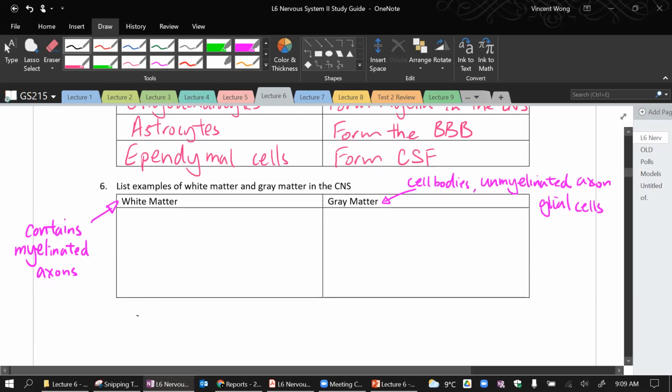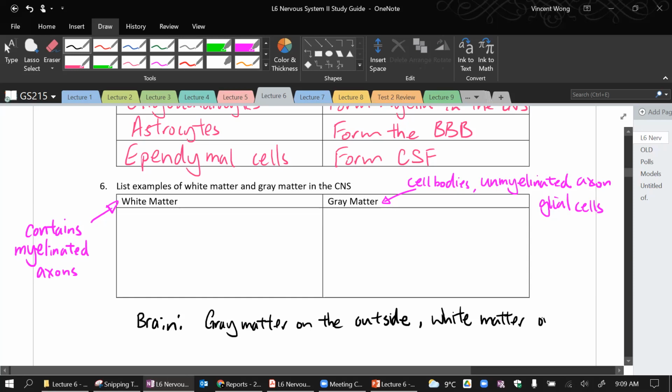we should write this down. For the brain, generally speaking, it is going to be gray matter on the outside, and white matter on the inside.